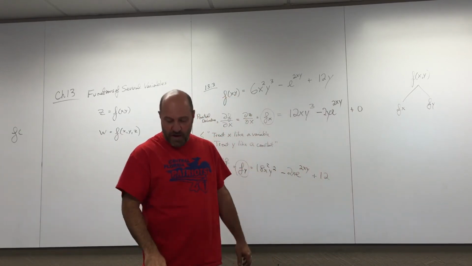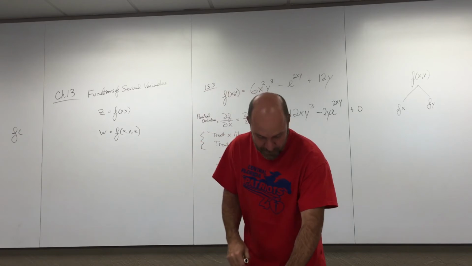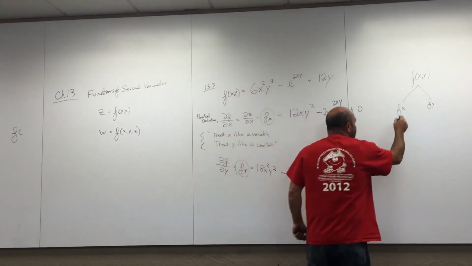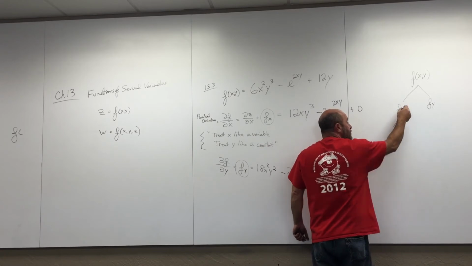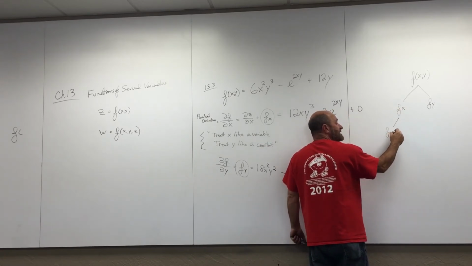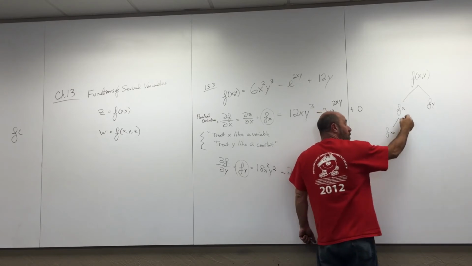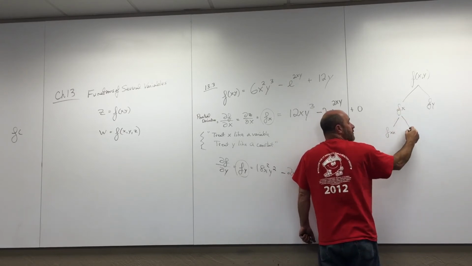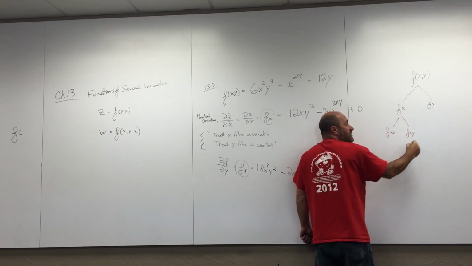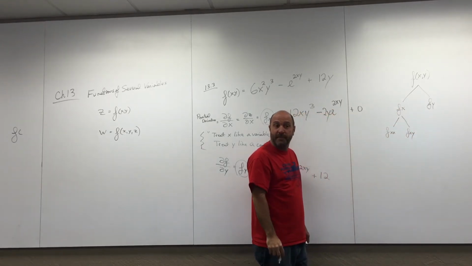What if you wanted to do a second derivative? It's going to go to 4 functions. I can take his derivative with respect to x again, which would be fxx, or I can take his derivative with respect to x the first time and then with respect to y the second time.